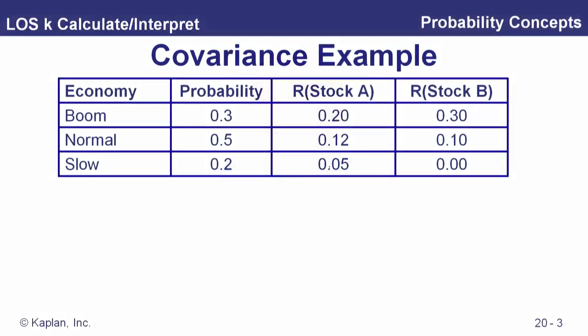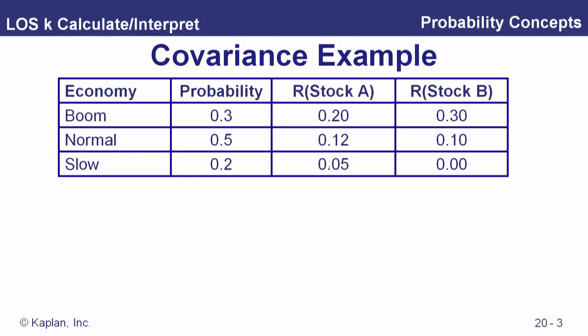So let's look at an example. We've got a probability model here, and we've got 3 possible outcomes: a boom economy, a normal economy, and a slow economy. And our model tells us the return on stock A is expected to be 20% in a boom economy, 12% in a normal economy, and only 5% in a slow economy.